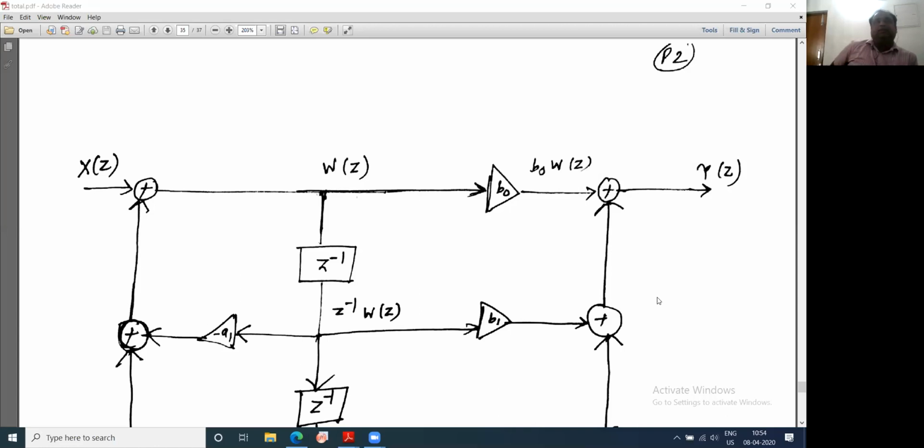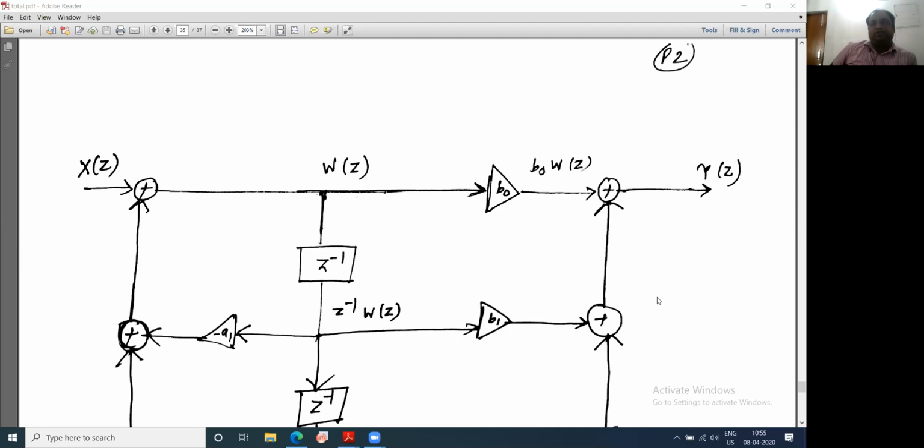Again, a multiplier also could be realized using an adder. Even a subtractor is essentially 2's complement or 1's complement, which is also essentially an adder. If you remember, subtraction is essentially addition in a digital system, because of either 2's complement addition or 1's complement addition. And for a multiplier also, if you add several times, it becomes multiplication.